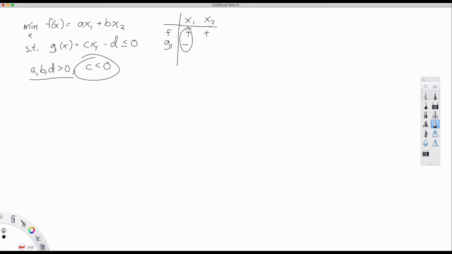However, f is monotonically increasing with respect to x2, but there are no constraints that even depend on x2. There are no constraints that are capable of bounding this monotonic objective function in the direction of x2. This means we have an unbounded problem. This is something we need to avoid.